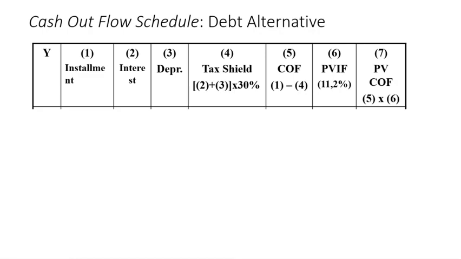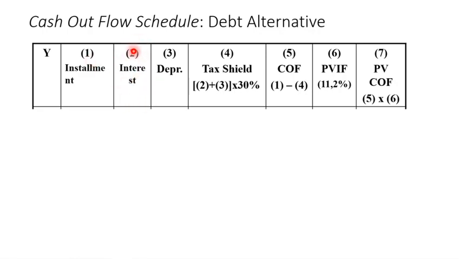Okay, so here I divide it into 8 columns. The Y over here is the year, and then here is the installment, which is the payment that the company needs to spend for purchasing the asset.